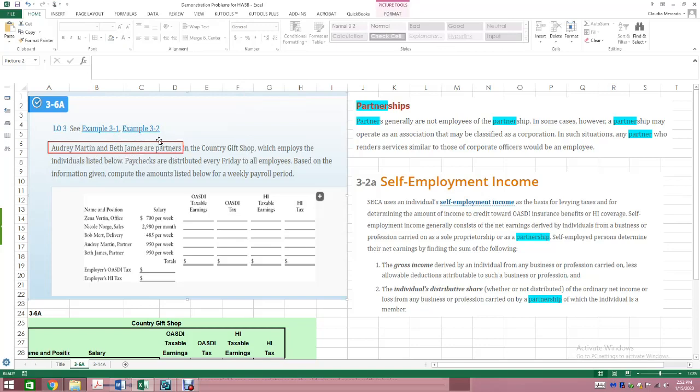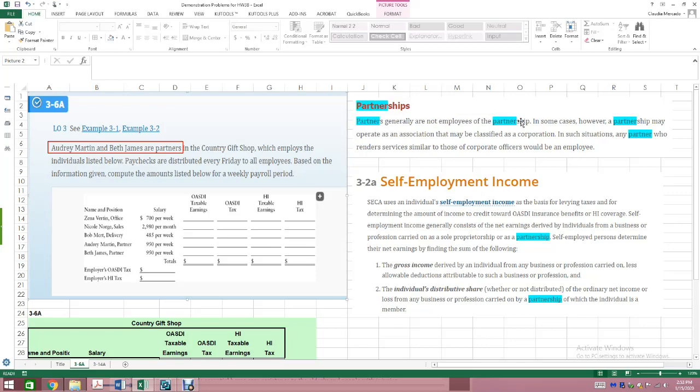When I'm looking at this problem, I recall that I read something in the book that talked about partnerships, so I went back to the book and located the information. Part of it is coming from chapter 2, part of it from chapter 3. Remember, in this course we are reusing the information in each of the chapters and building upon it. In chapter 2, where it talks about partnerships, it says partners generally are not employees of the partnership.